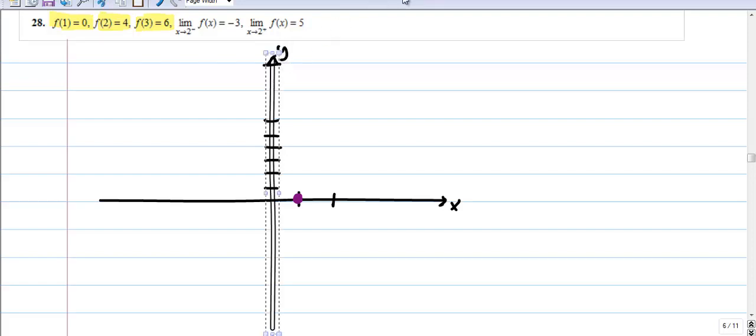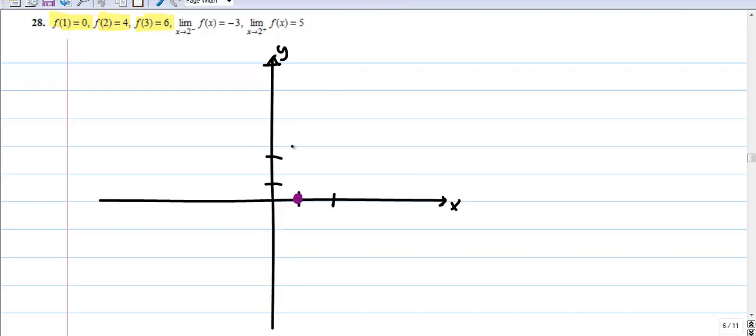I still don't like it. There we go. So now that I've done, oh, it's a nightmare being me sometimes, having the OCD. And then f of 3 equals 6. So I know I've got those dots.